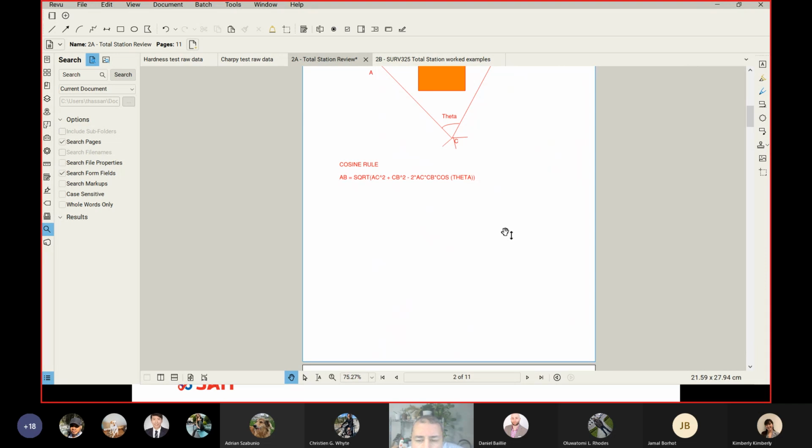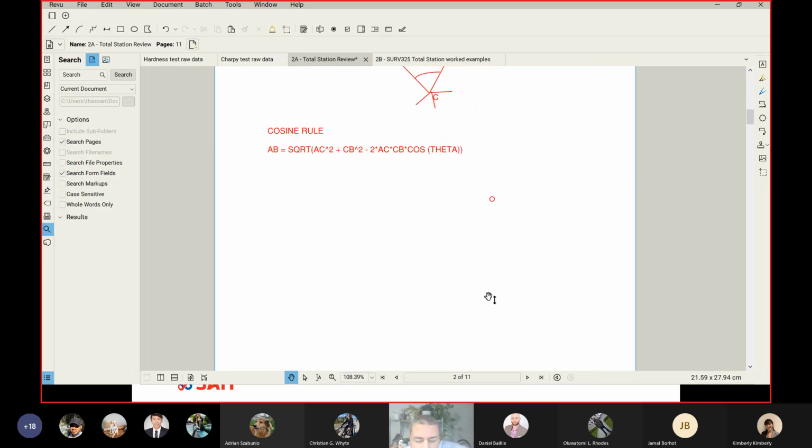What if I have a point which is inaccessible? Guys, I think last class, we talked about reflectorless mode, and we talked about an inaccessible point, a point which is hard or impossible to send a prism to, okay? And so in our case here, I'll give you an application.